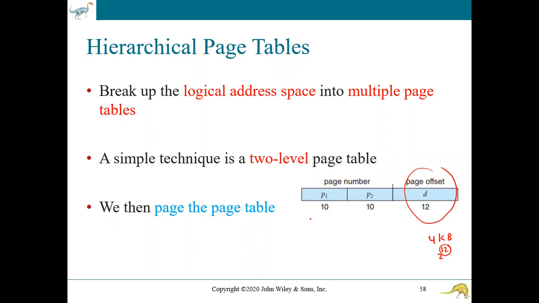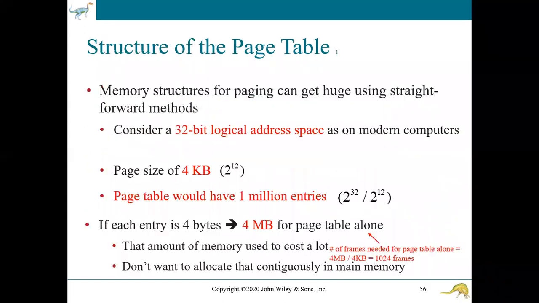And you require, what was the page number? The page table, how many entries do you have in the page table? 1 million entries, 2 to the power of 20. To represent 1 million, you require 20 bits. Do you agree with me?